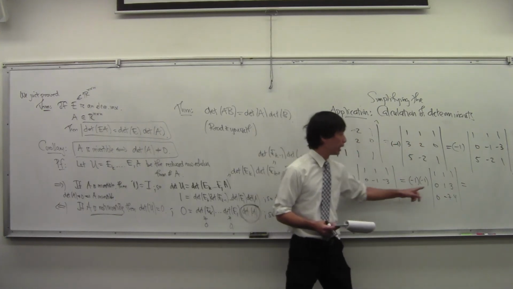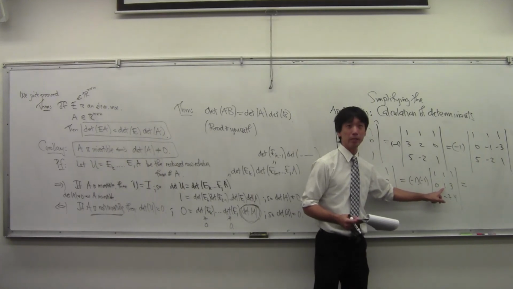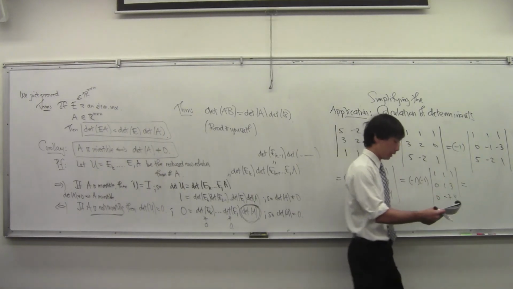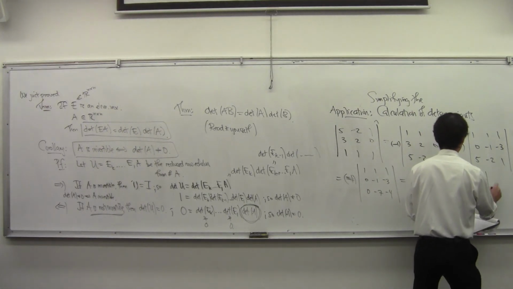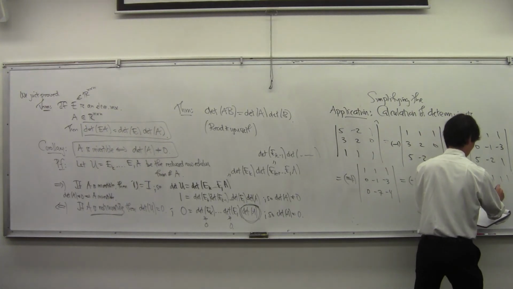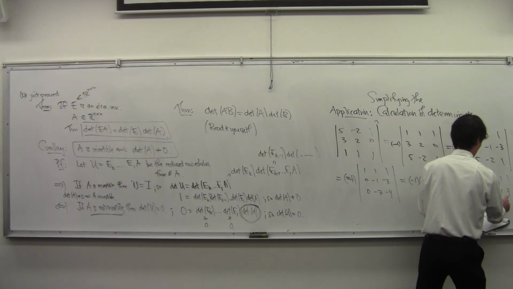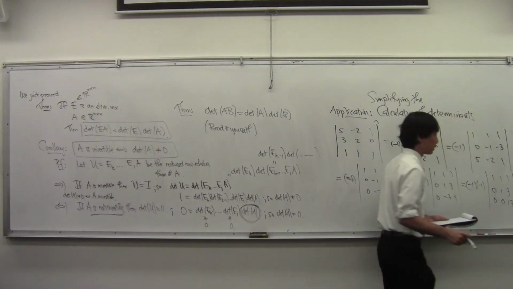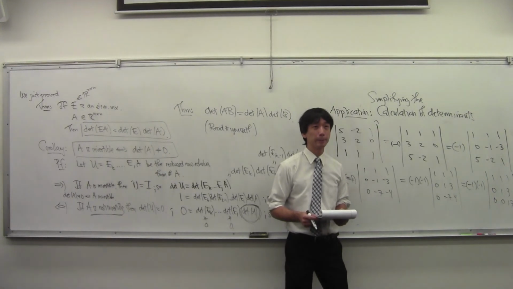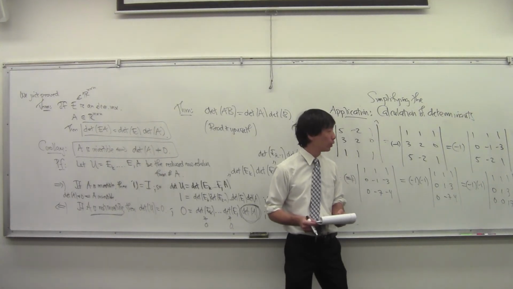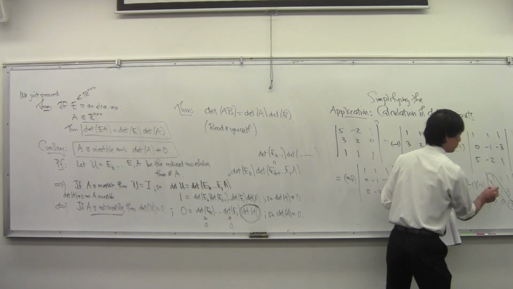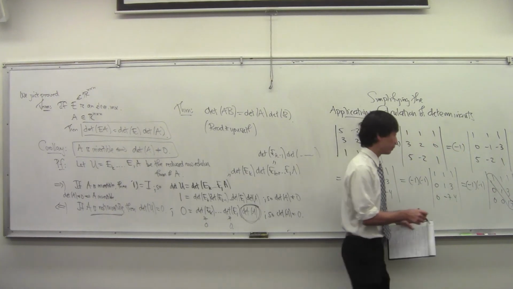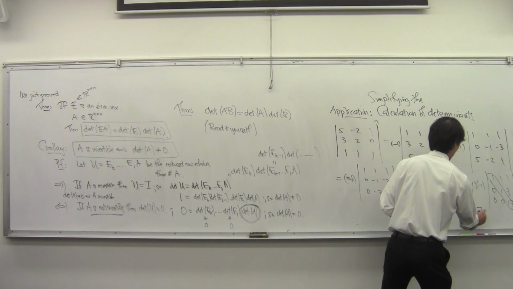And then I add 7 copies of the second row onto the third, and I get this matrix. Now this is simple. It's a triangular matrix, so its determinant is 17.